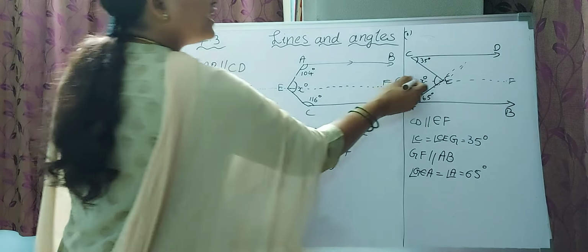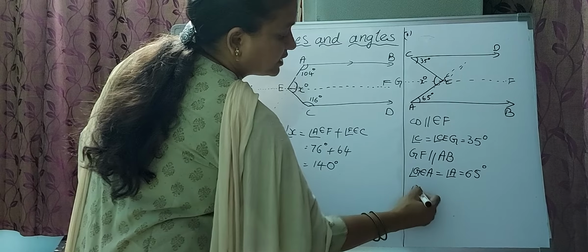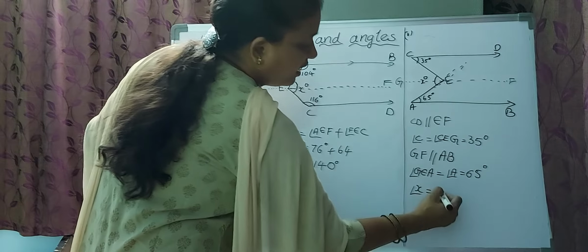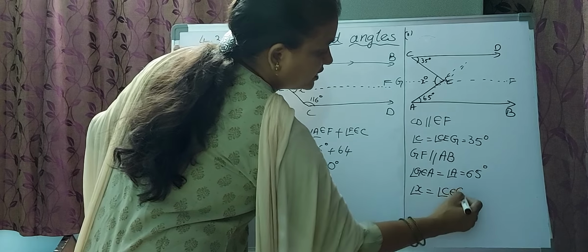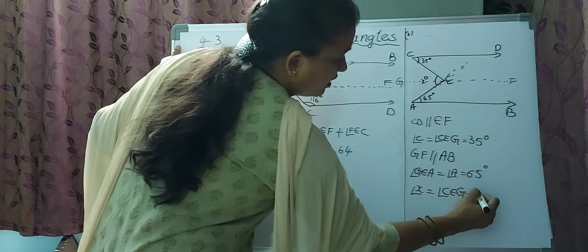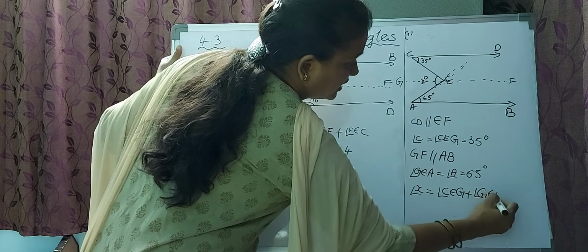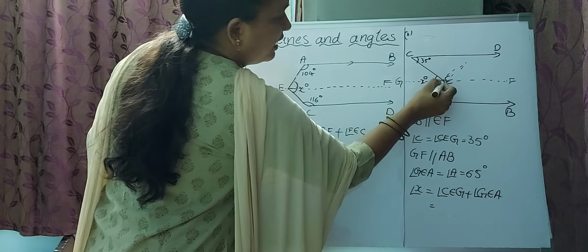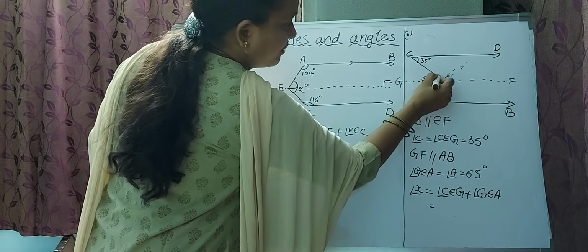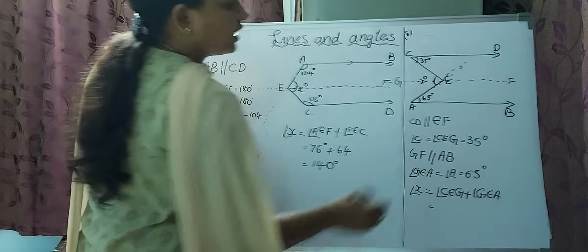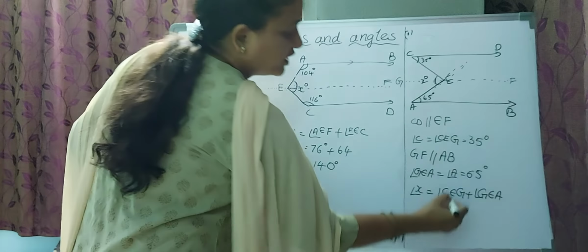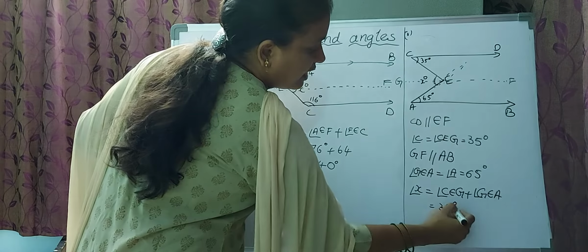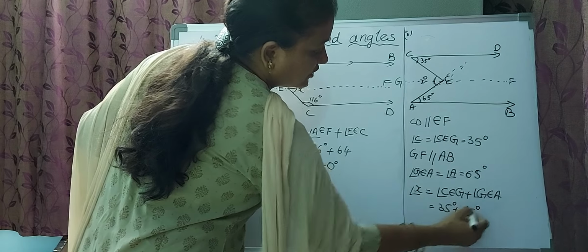So if you want angle X, you want angle CEG plus angle GEA. This complete angle, you have to add the two angles. One is 35 degrees and another one is 65 degrees.